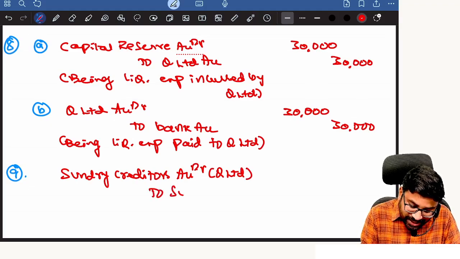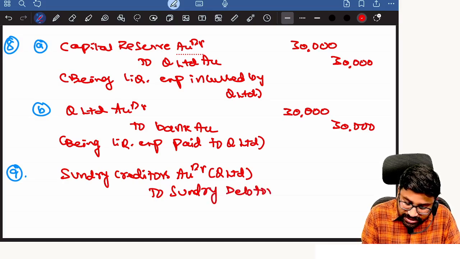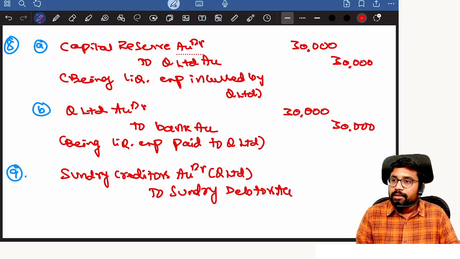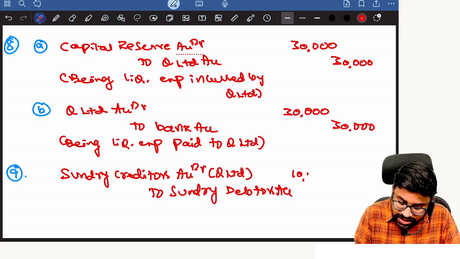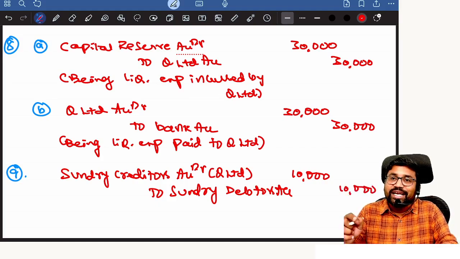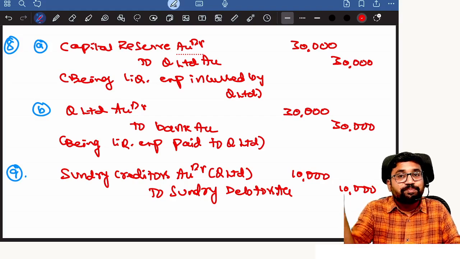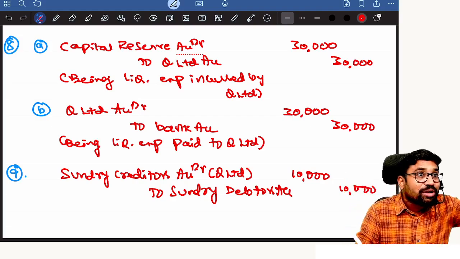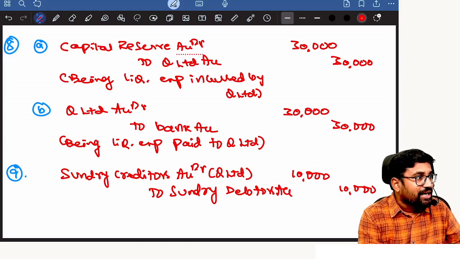Sundry creditors which we have incorporated in the incorporation entry of Q Limited to sundry debtors of our company. Both will be cancelled. Mutual owings 10,000, 10,000. So Q Limited books sundry creditors include P Limited. That means P Limited books sundry debtors include Q Limited, no? So both have to be eliminated.